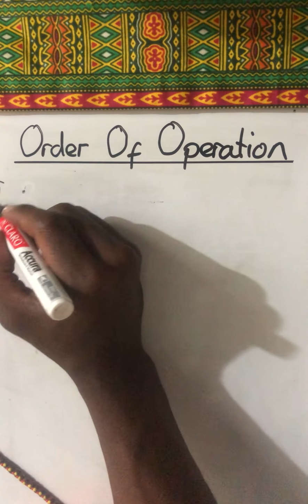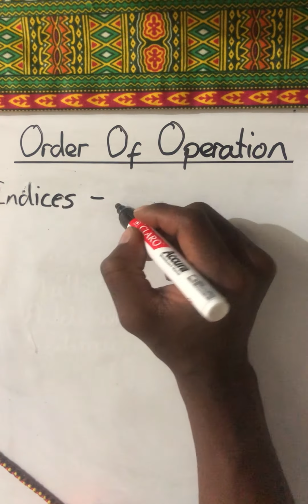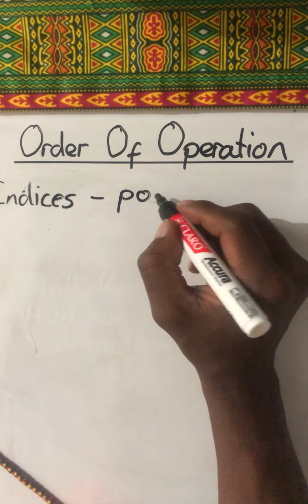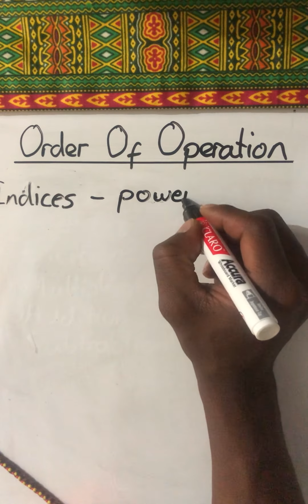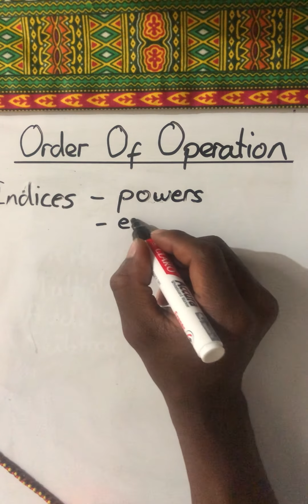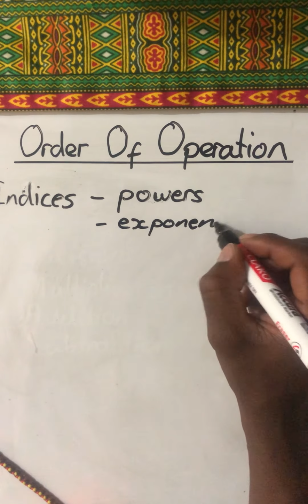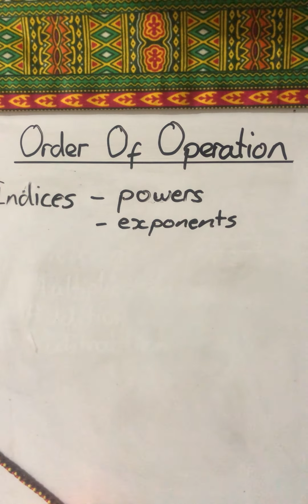When we say indices, we're talking about powers, otherwise known as exponents. Powers tell us how many times we must multiply the base number.